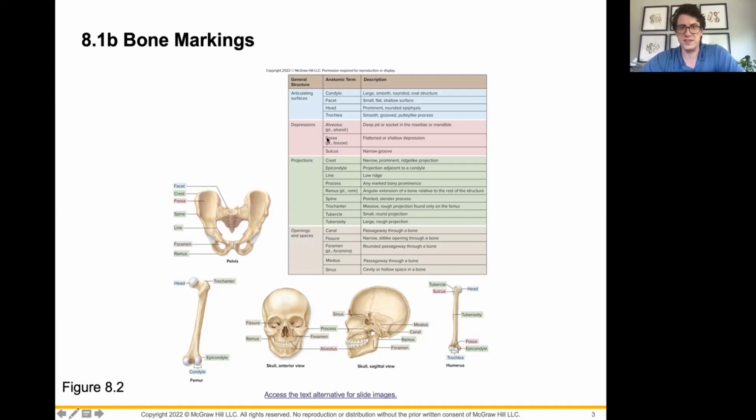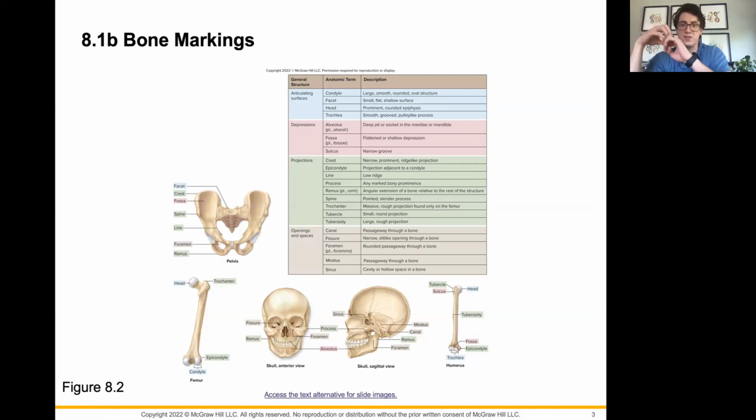We're also going to see some fossa. So these are kind of depressions. We're not really going to see many processes on these, maybe a couple of processes. So remember, a process is a bony prominence, so a bony protrusion. But we are going to see things like tubercles and tuberosities. These are going to be important because these are round projections of bone where we can attach muscles to them.